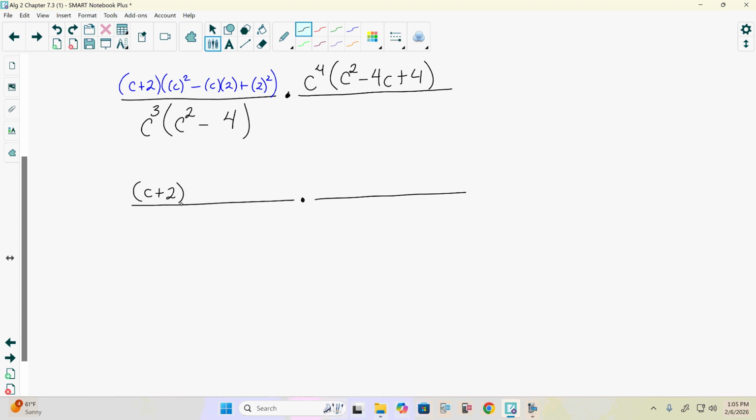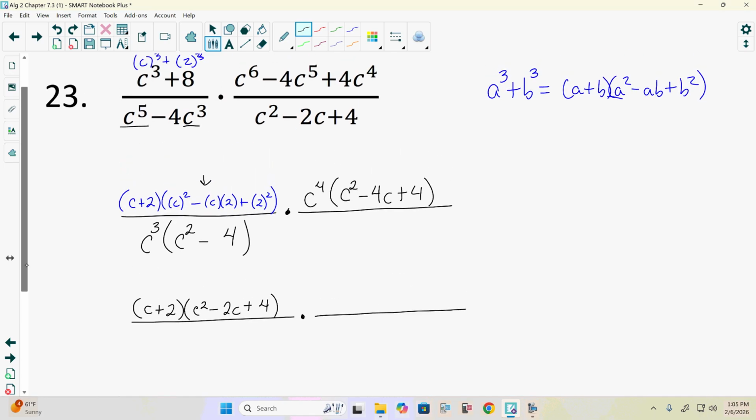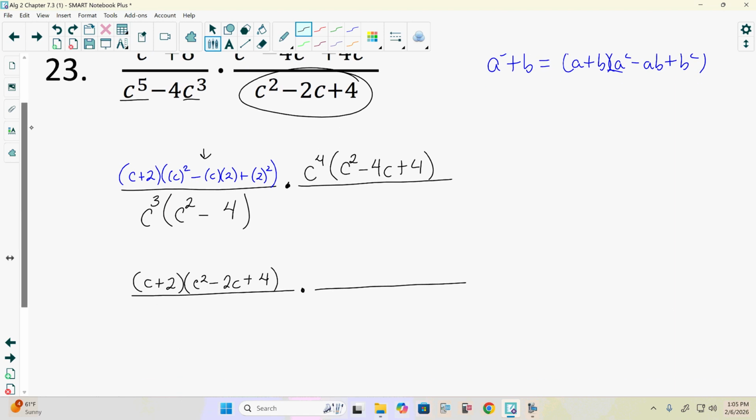If I simplified this quadratic part, c squared minus c times 2, which is 2c, plus 2 squared, which would be 4, yes? That looks familiar, doesn't it? Those are already the same.